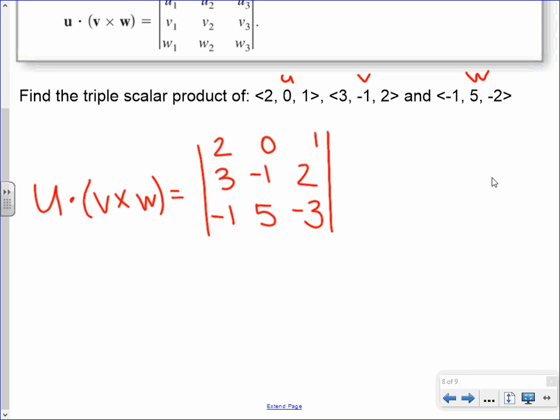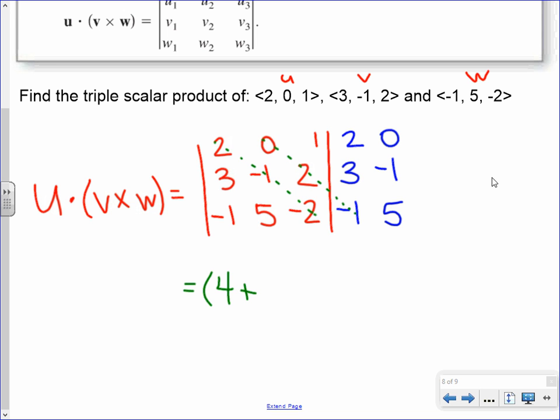That's a 2, isn't it? Is that what you're telling me? Thank you. All right, so copy paste the first 2 columns, and we'll do our diagonals. So down diagonals, the first one we have 4 plus 0 plus 15.